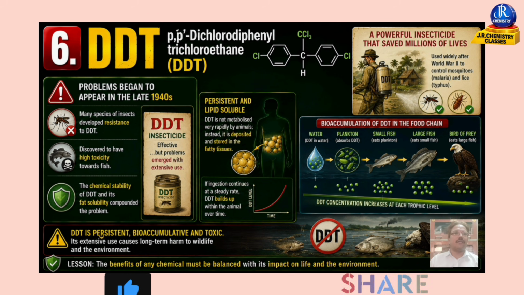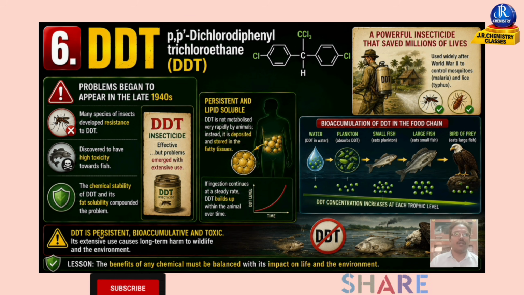However, problems related to extensive use of DDT began to appear in the late 1940s. Many species of insects developed resistance to DDT, and it was also discovered to have a high toxicity toward fish. The chemical stability of DDT and its fat solubility compounded the problem.